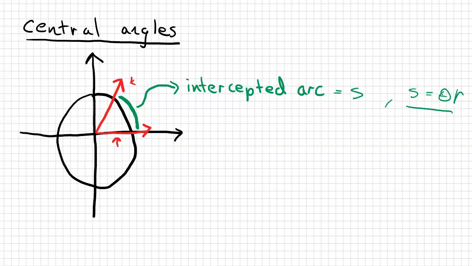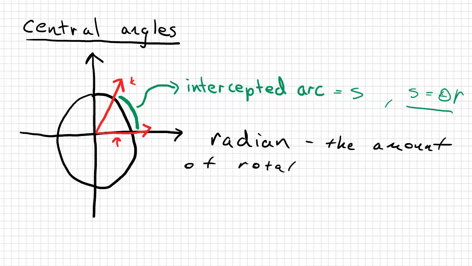The next thing that we can talk about is what a radian is. A radian is the amount of rotation that it takes for s to equal r.